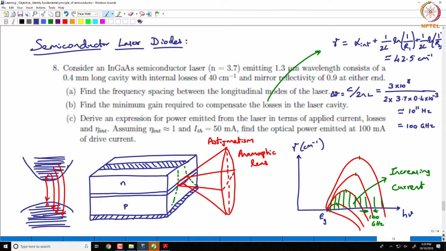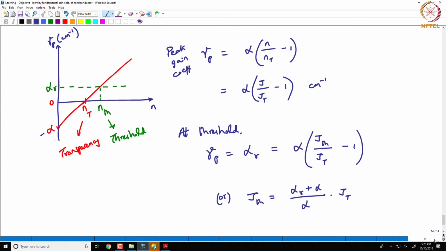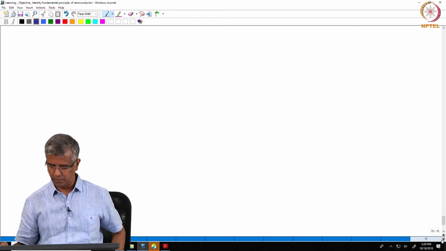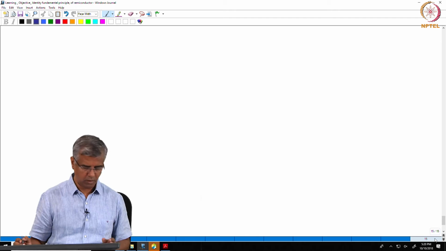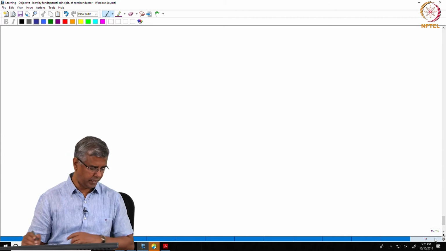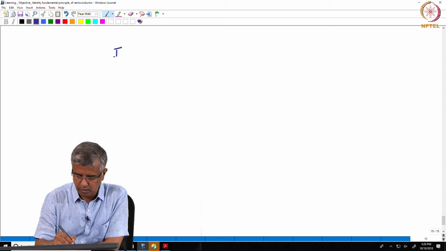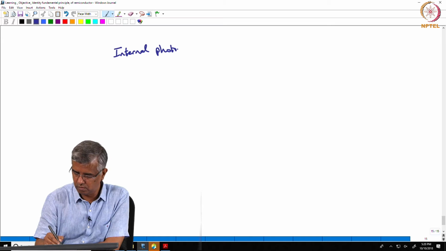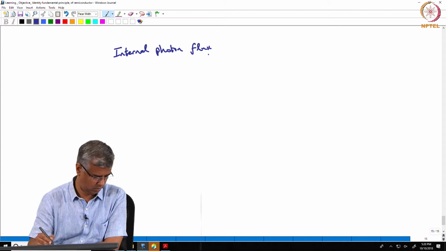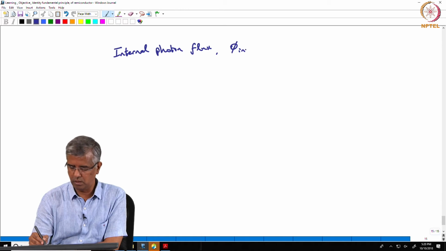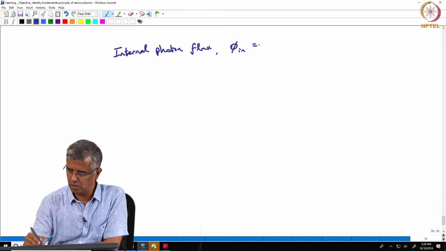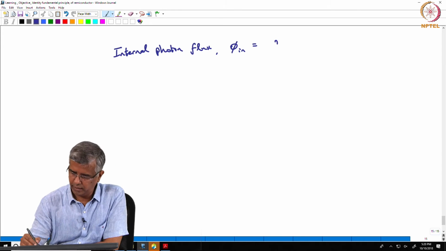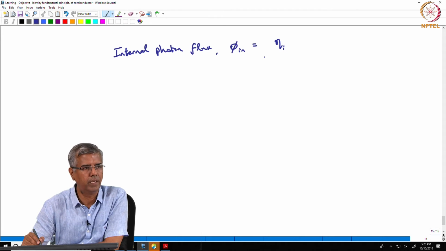Okay. Now, let us go ahead and try to derive an expression for the power emitted from the laser. For calculating the power emitted, you will have to look at first of all the internal photon flux. Let us call it phi in, and that is going to be given by eta I, just like we did for the LED case.